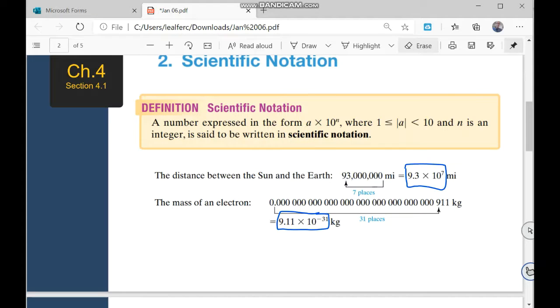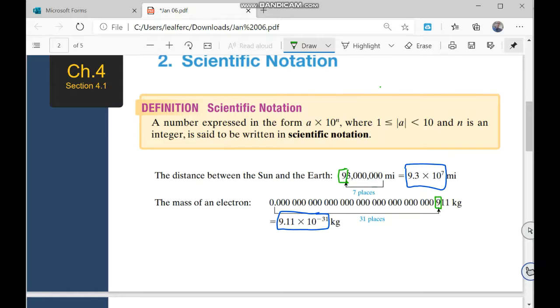When you're representing a number using scientific notation, you just have to identify the first digit that's significant. The first significant digit here is the 9, and in the other example, by coincidence, it's this 9 here.